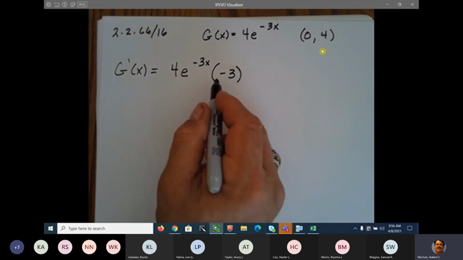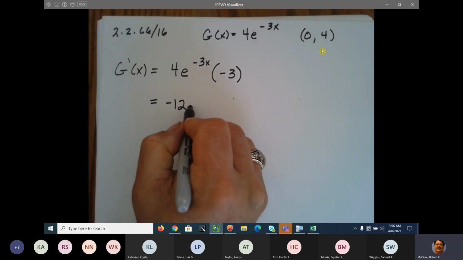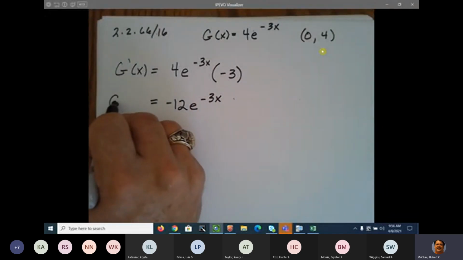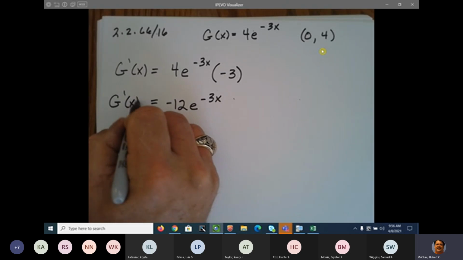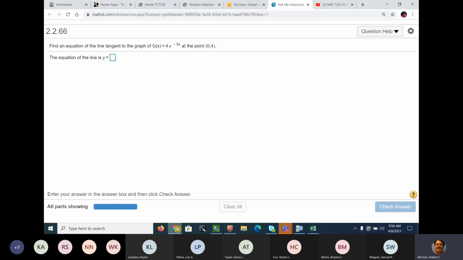And that's going to be negative 12e to the negative 3x. Now, I don't know if they want us to go step by step. Let me look back and see. Nope, they just want us to do it.